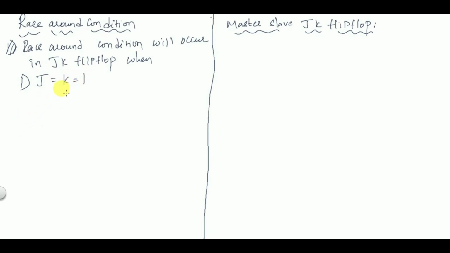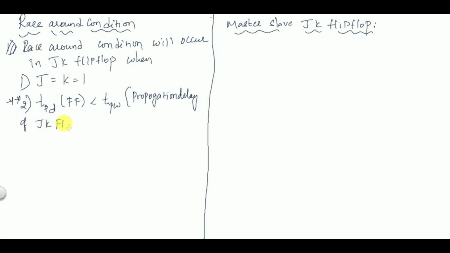For a JK flip-flop, only when you give the inputs J equal to K equal to 1 does the race around condition occur. Second, and this is very important, the propagation delay TPD of the flip-flop is less than the pulse width.